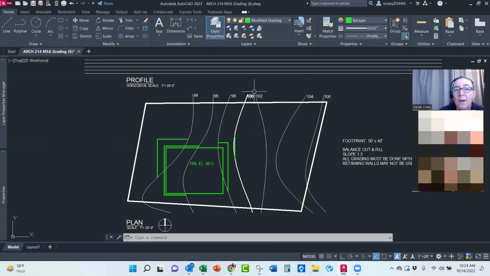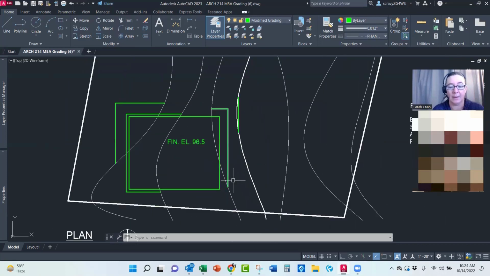Now, if you wanted to make this a smoother curve, you totally could. And we could do that by doing something like this.